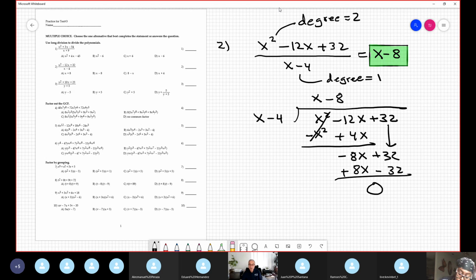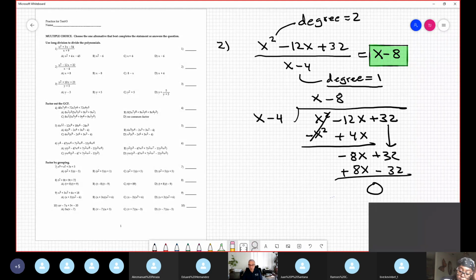But synthetic division is only possible when the degree at the bottom is 1. Long division is more general: you can divide any polynomial by any polynomial. Everyone follow me? Yes or no? Yes. One more example of long division.